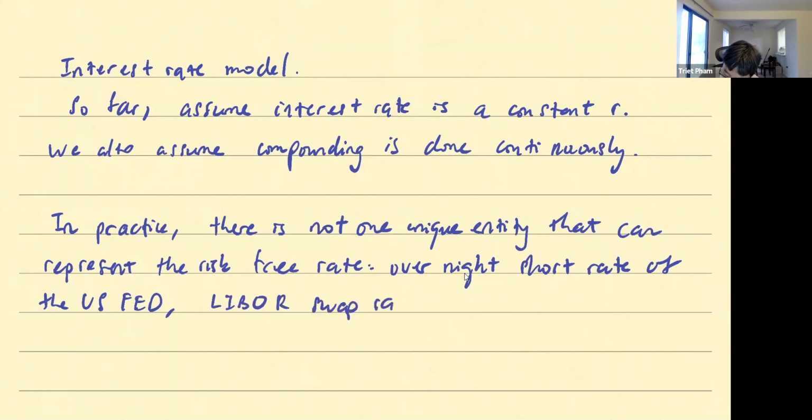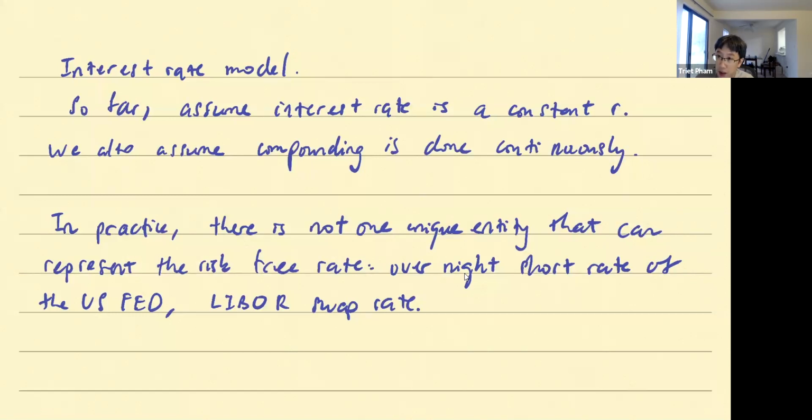We don't have to get into it, but the point is that even pinning down what we think of as the little r in reality can be tricky. There is a whole discussion on what kind of quantity we think of as the risk-free rate.